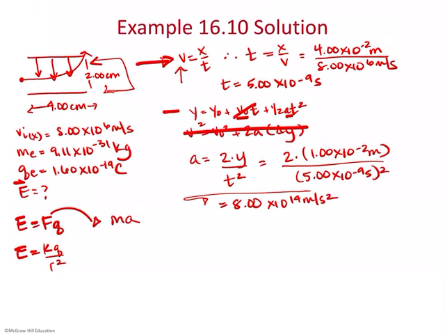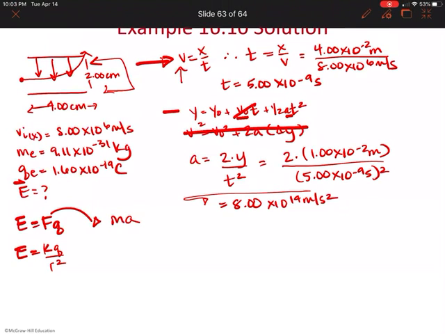Okay, that's your acceleration. Now, we are trying to find the electric field, and I actually wrote this wrong over here. Sorry, let me fix that really quick. This is actually force is equal to charge times electric field. I had those backwards, but force is still equal to mass times acceleration.